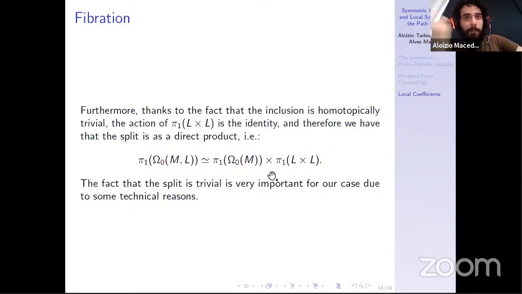This being a product is important for some technical reasons, which I may explain later if anyone is interested, but I can explain now. But okay, this is a product, right? So we have that the π1 of the path space is a product of the π1 of the based loop space, and the π1 of L times L.